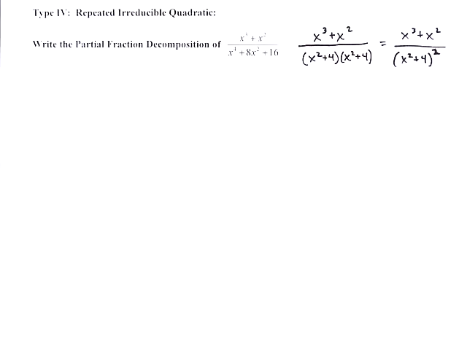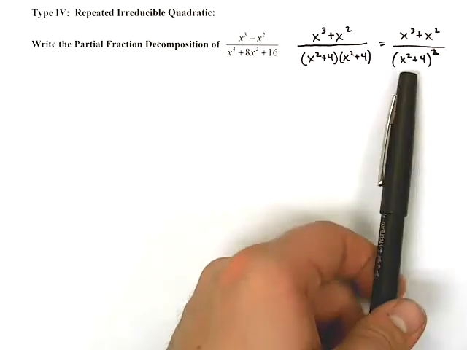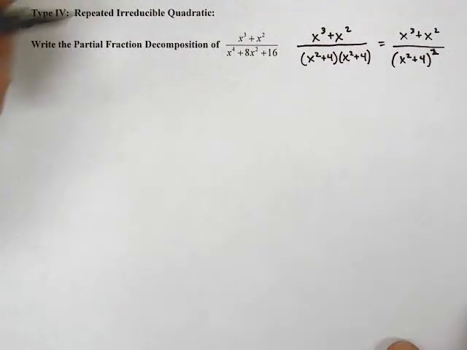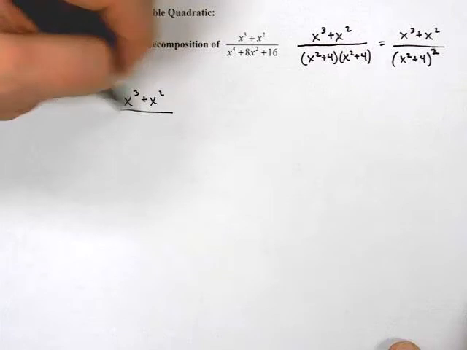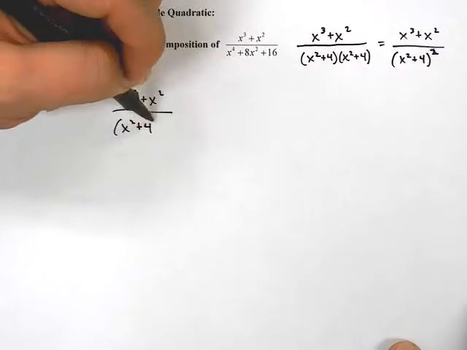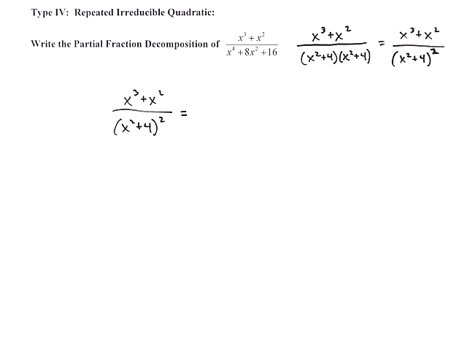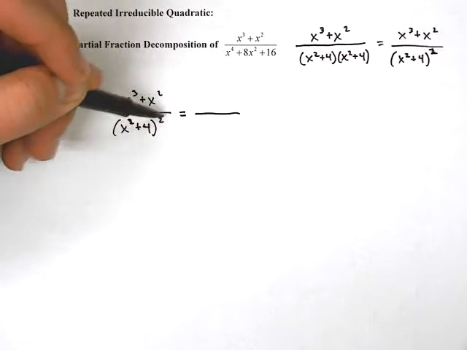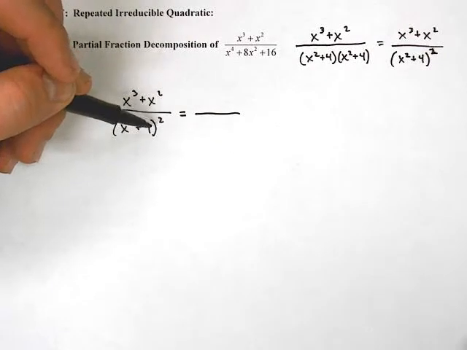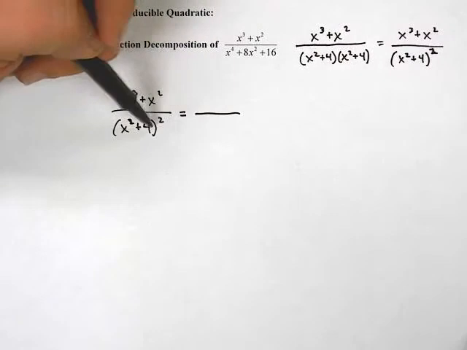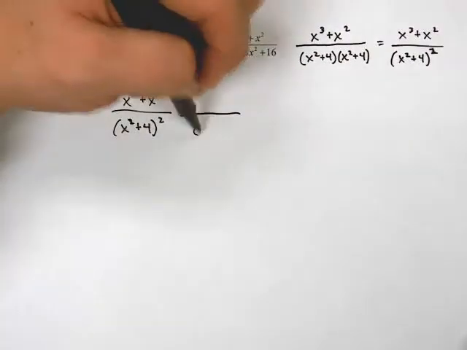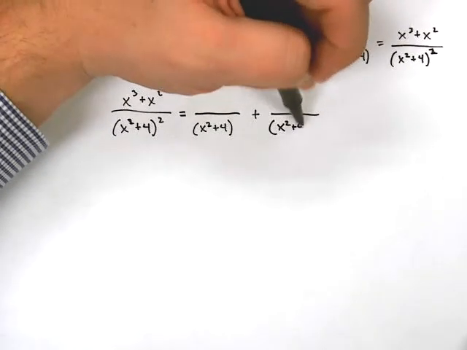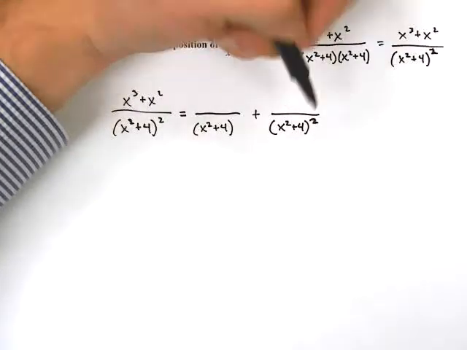Alright, this is what we were looking out for, right? We have an irreducible quadratic, but it is repeated. So, what is this going to look like? X cubed plus x squared over x squared plus 4 squared? Well, some of the same rules apply as what we were talking about before, and by that I mean because this is squared, or it has a degree of 2, it needs to be represented twice, both degree of 1, right, the degree less than it, so I'm going to have an x squared plus 4, and I need to have the x squared plus 4 squared, as we see it.